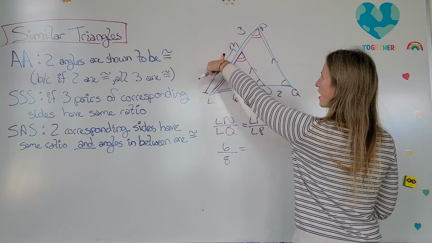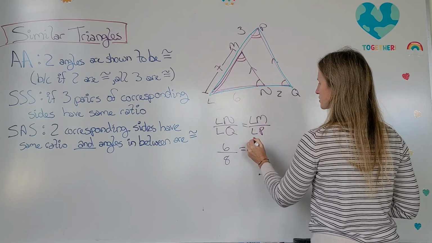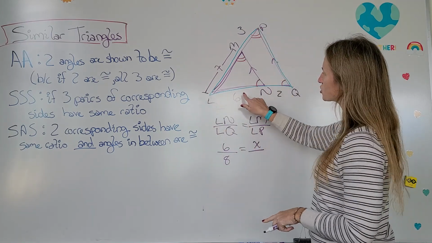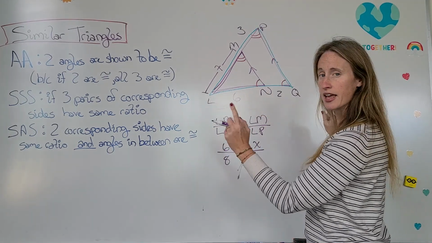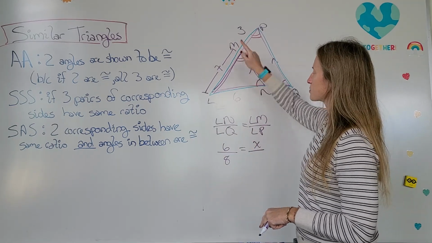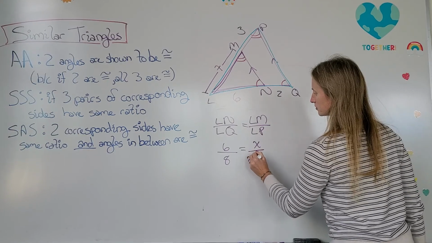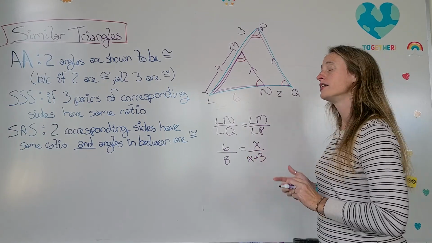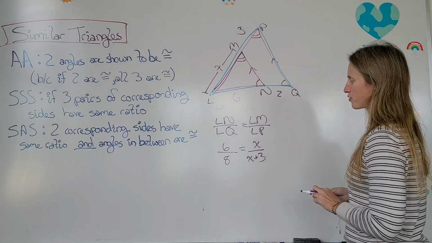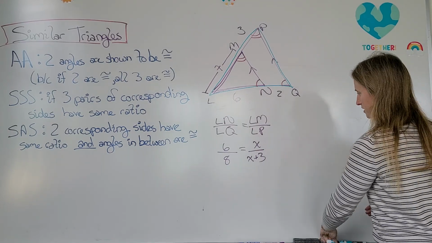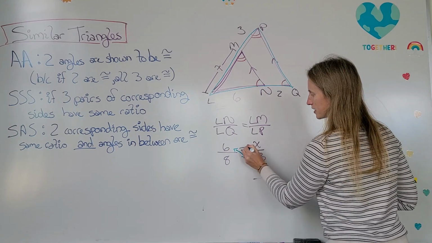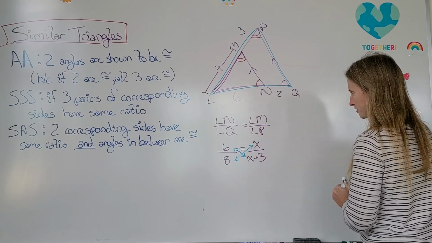But just like we had to add these two numbers to get that whole length of the bigger triangle, we do the same thing here. So we add x plus 3. And now we cross multiply. It looks a little bit different, right? Because we have this rational expression over here. But same exact idea. These get multiplied, and these get multiplied.